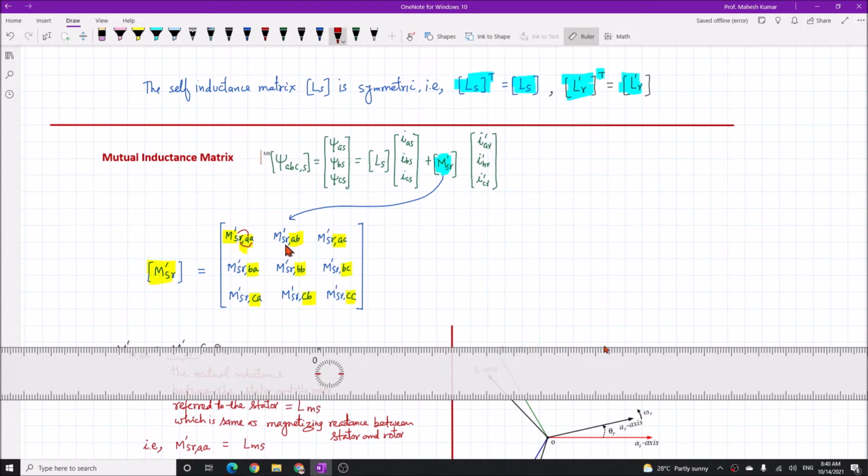MSR-AB basically means that the B phase rotor winding gives rise to flux linkage to the A phase of the stator winding. Clear? And these can be found by observing their placement in space, which you can see from this diagram.